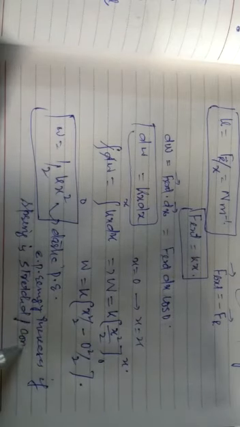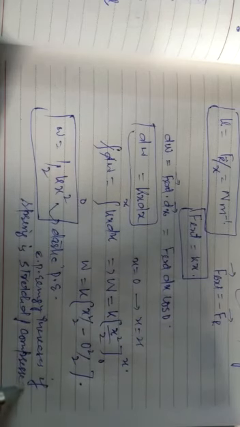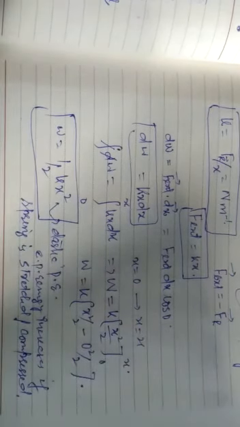Once the spring is in the relaxed form, where there is neither compression nor extension, then the elastic potential energy is 0.